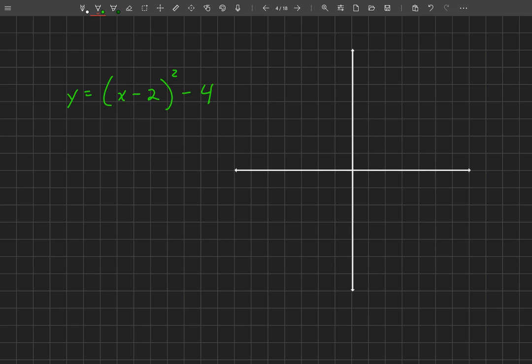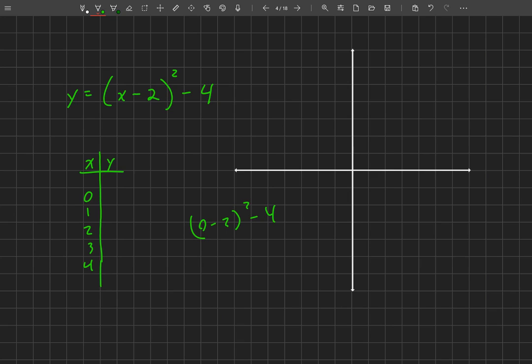So let's make a chart. I'm actually going to start from 0 this time. There's a good reason because I actually know what this is going to look like, but just trust me. Let's start 0, 1, 2, 3, and 4. That should be enough. Let's just start plugging numbers in and see what happens. So if I plug in 0, that's 0 minus 2 squared minus 4.